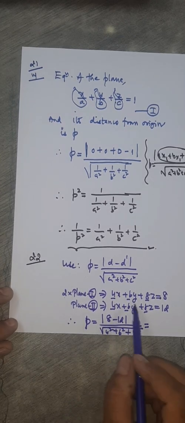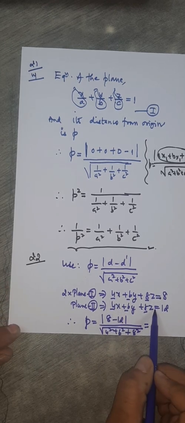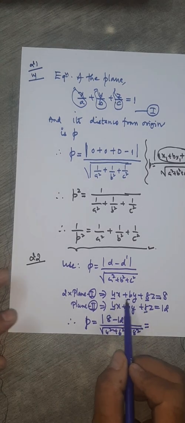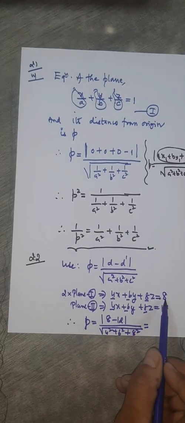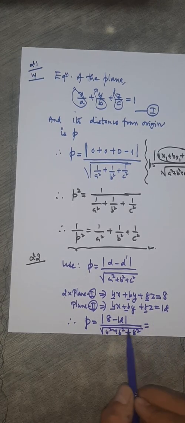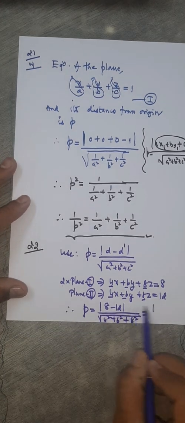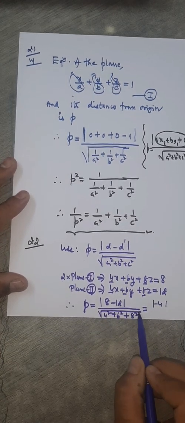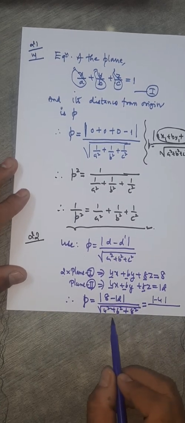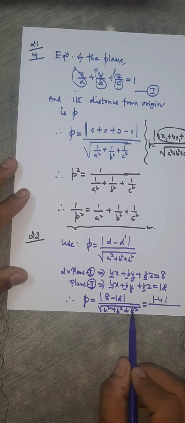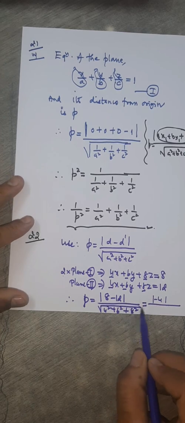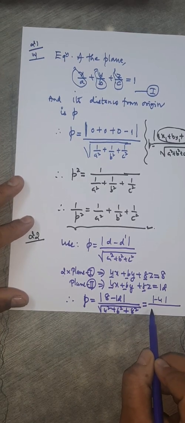Here you can multiply the first by 2, or you can divide the second by 2. Choice is yours, whichever you want to do. I just multiplied the first by 2. So 4, 6, 8, and we'll get 8 here, and 4, 6, 8 with 12 already there. So over here you will get the modulus of minus 4, which is just 4, upon, if you take 2 square common, it will come as 2 here.